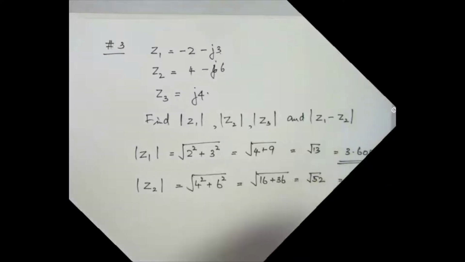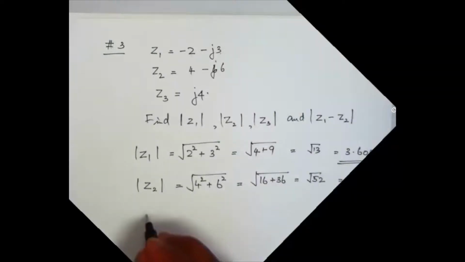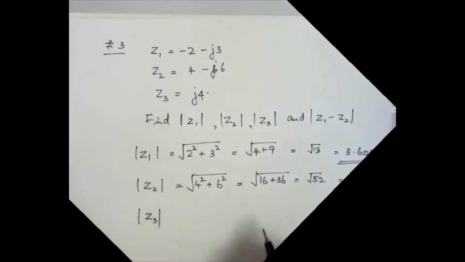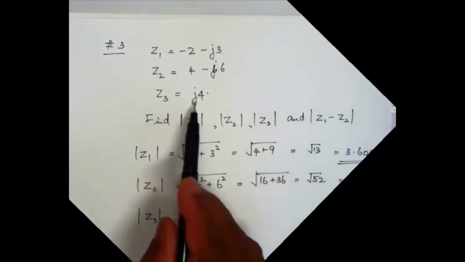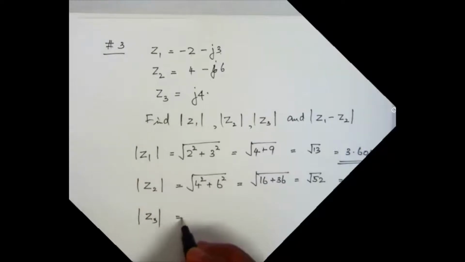That's the answer. And let's take the third one. Z3 is just j4, so the modulus is simply 4, from what we have done earlier. If you want, I can do it, because the real part is 0. So the modulus is simply 4.